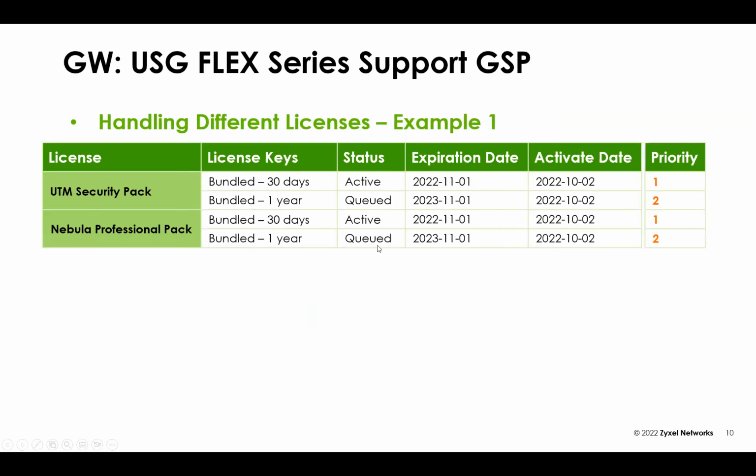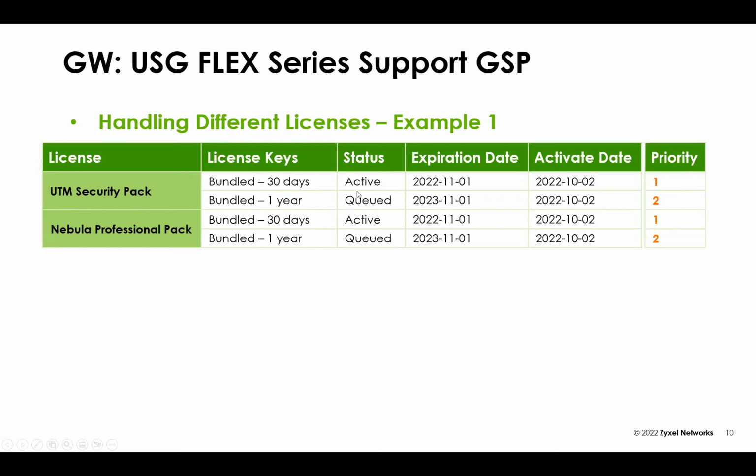So what that means is, let's talk about a couple of different scenarios here. In this particular scenario, let's just say that the user has a UTM Service Pack, and it has the 30-day trial. So when you activate your UTM Service Pack in the cloud, it's automatically going to activate the trial first. Your 1 year is going to be queued up in the background. So you may have seen this in the past.